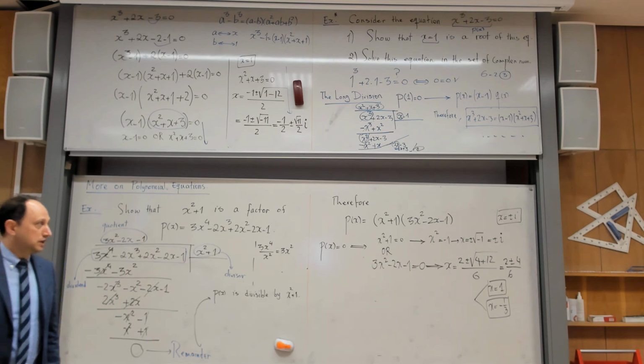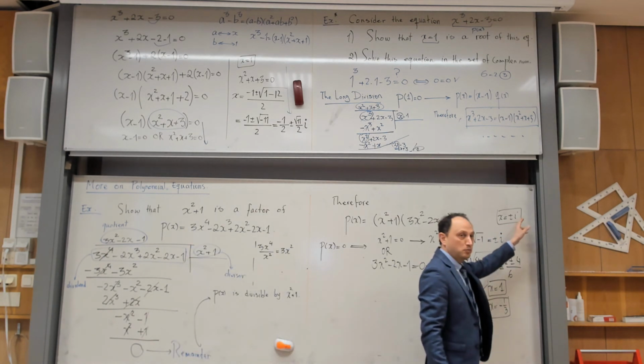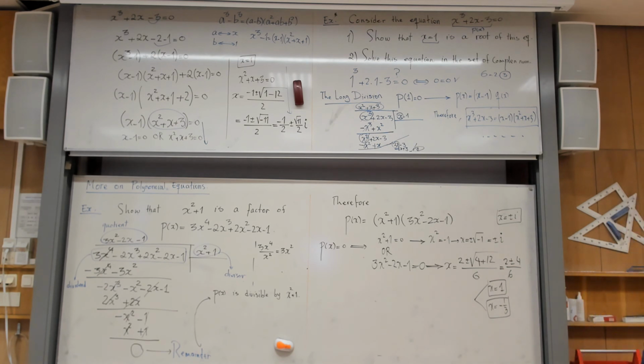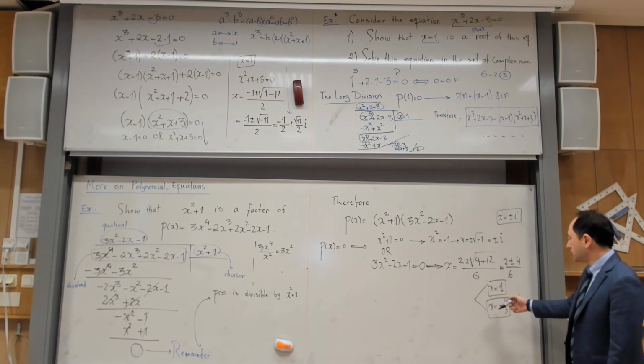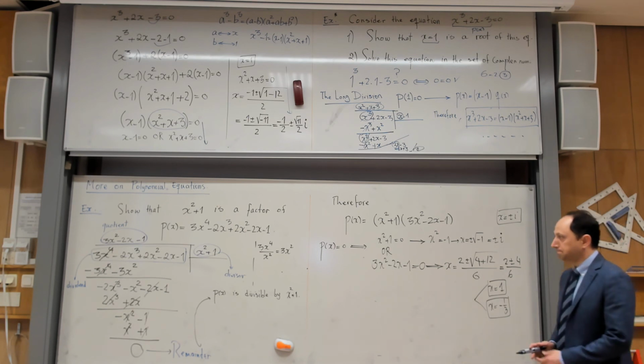Because if you want to get 4, it means that somewhere on the real axis, one number is i. But on the real axis, we do not have any i's or minus i's. They are on the vertical axis. So remember, if you draw the graph of this using GeoGebra, this graph will intersect the x-axis in 2 points only. Okay?